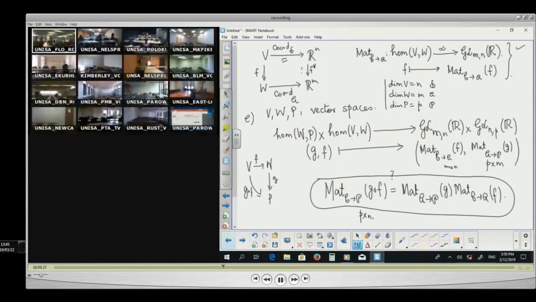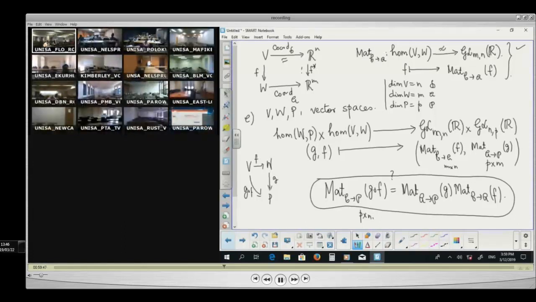So, it transforms the composition of linear transformations into matrix multiplication. So, matrix transforms composites into multiplications. Everything is now getting transformed in terms of matrices.